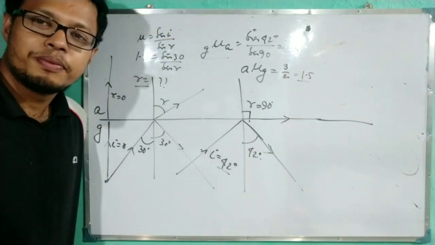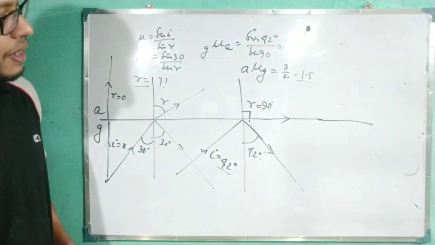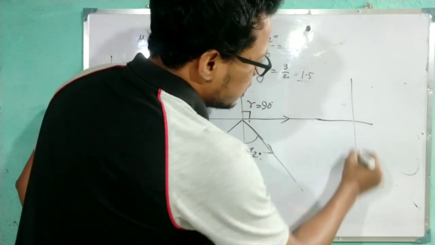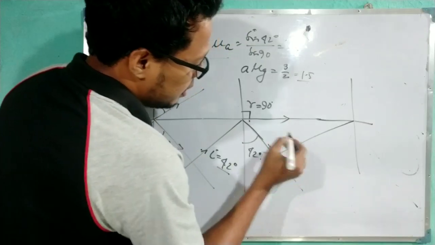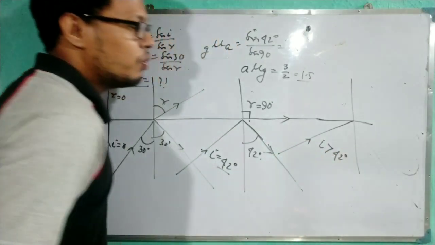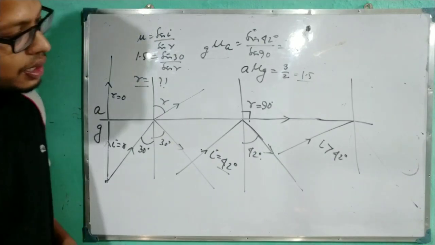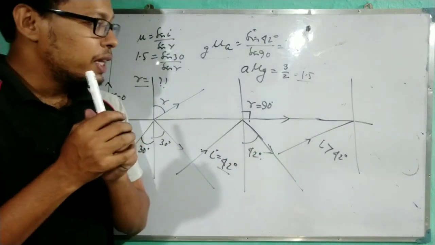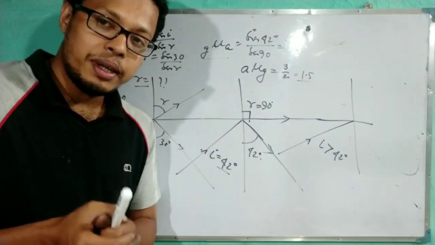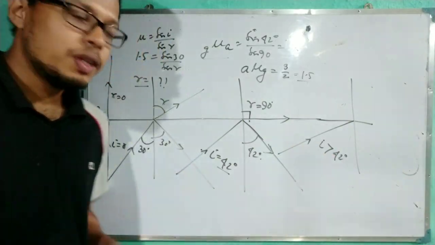Okay, understood? And the other case, when the angle of incidence is greater than critical angle, means when I is greater than 42 degree. What will happen? When I is greater than critical angle, then there will be no refracted rays. All the light goes back to the same medium, means to the denser medium.